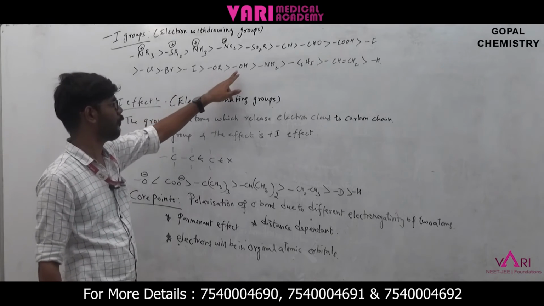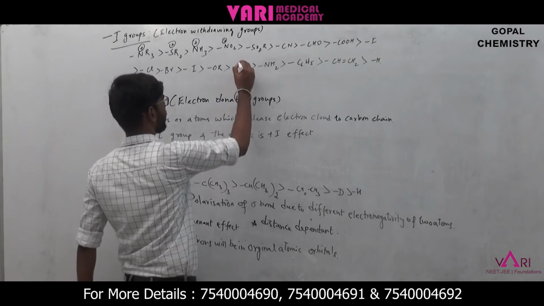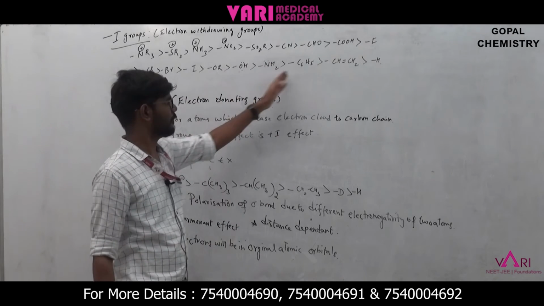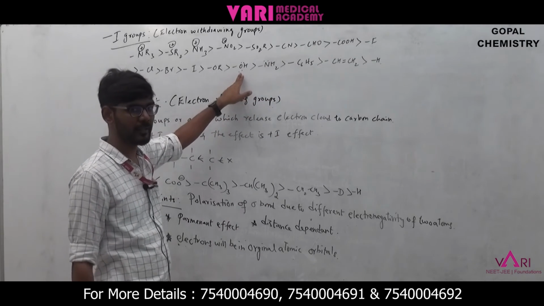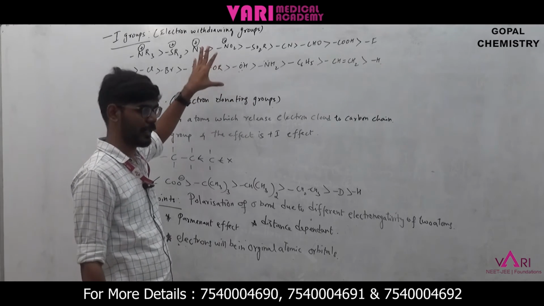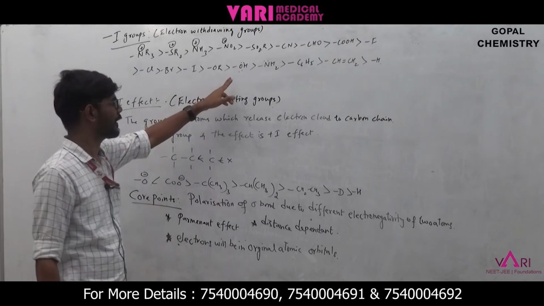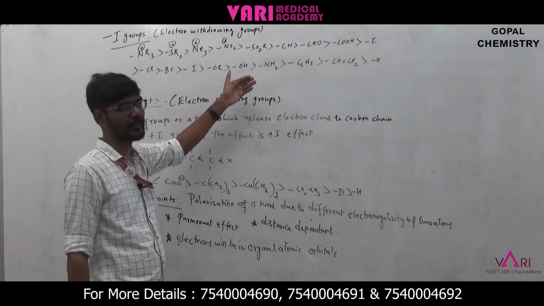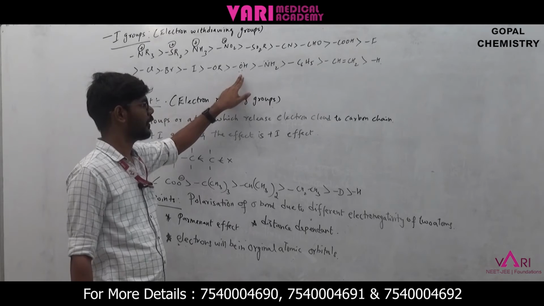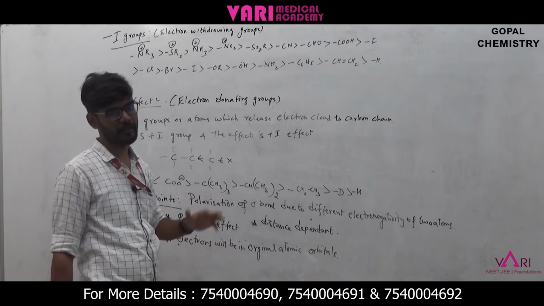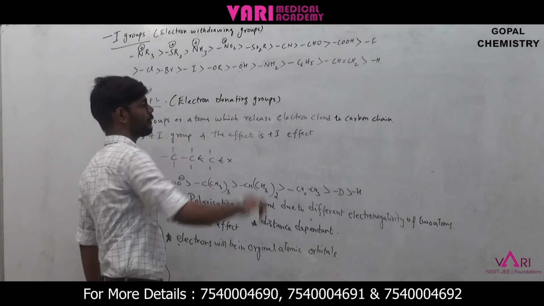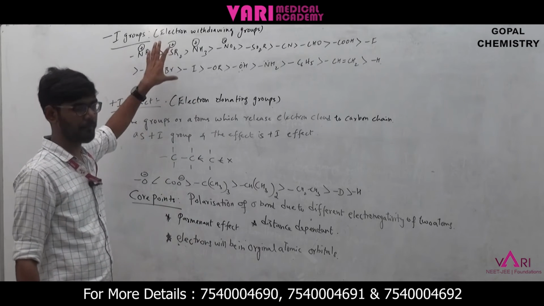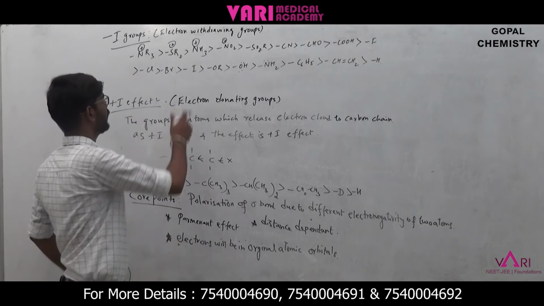If we start from OH, the OH has lone pairs of electrons, and the amine has lone pairs of electrons, so this trend shows somewhat electron donating nature. Although we see them as electron withdrawing groups, the capacity of OH and NH2 is somewhat electron donating. OH will act with a plus R effect in the resonance effect. So these two groups have somewhat electron donating capacity. This trend is very important.